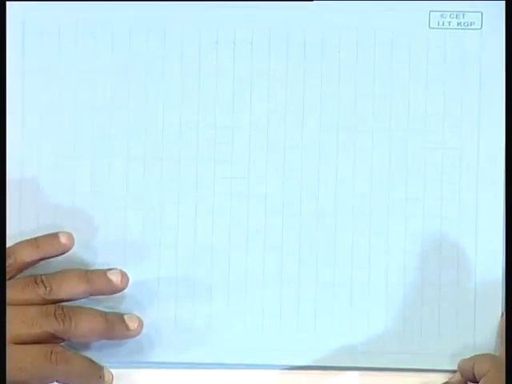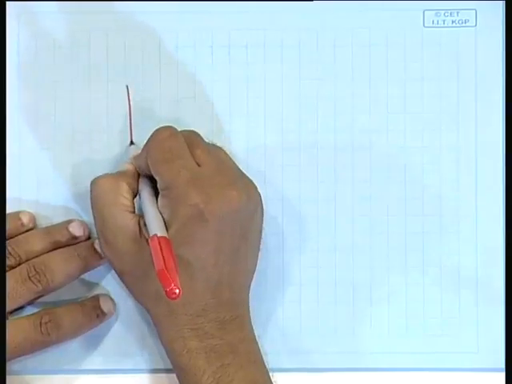Now, what are the modifications that occur when we have pressure? The first modification that we shall consider is as follows. Consider a part of the universe.